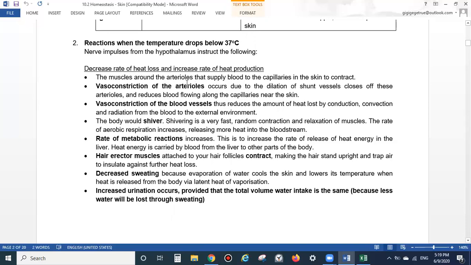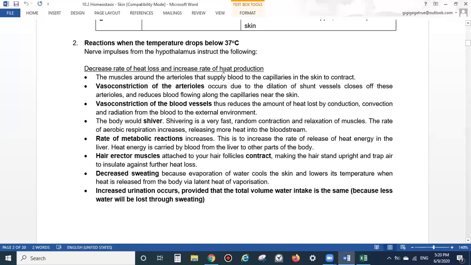So you are trying to conserve heat and at the same time generate more heat so that the temperature goes back to 37. So what happened here? The muscles around the arterioles that supply blood to capillaries start to contract. And then there's vasoconstriction of arterioles.